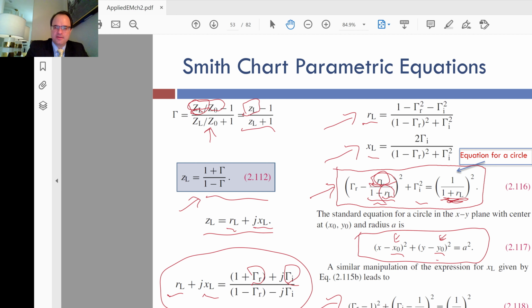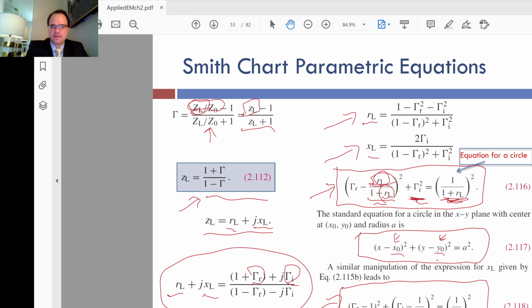The second family of curves is given by this equation here, and it deals with the normalized reactance, X sub L. First of all, X sub L can be positive or negative, and that's fine. And we also see that it is very different.